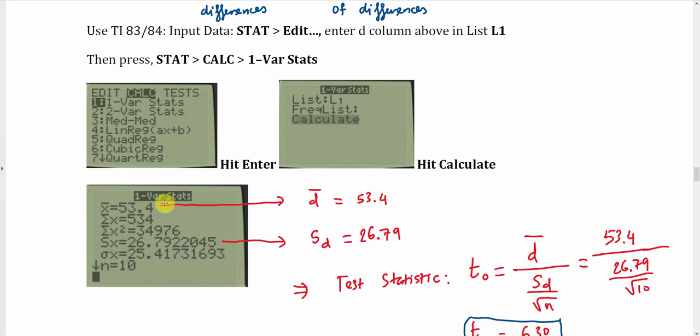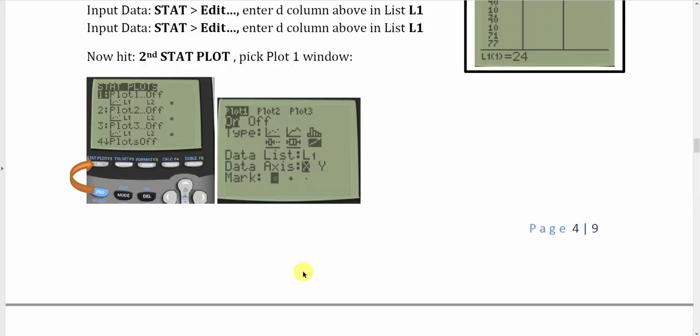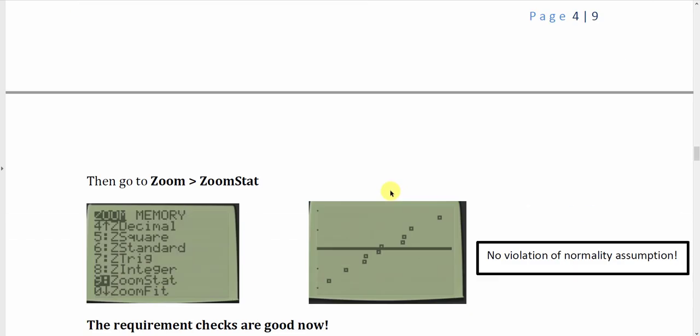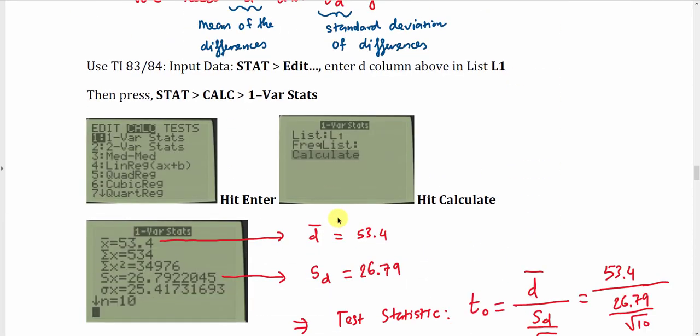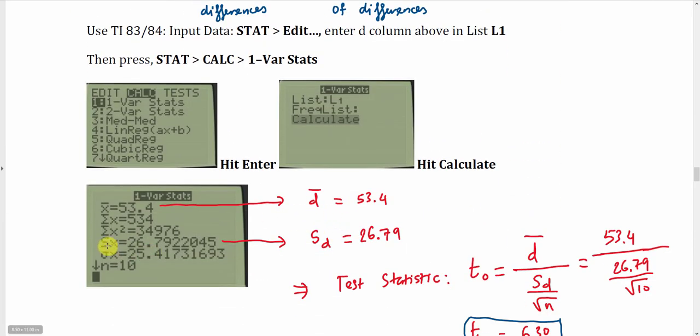Okay, so 1-Var Stats gives you the mean, and the mean here is the mean for the D column, because we used the D column. And then capital S is the standard deviation of the D column.